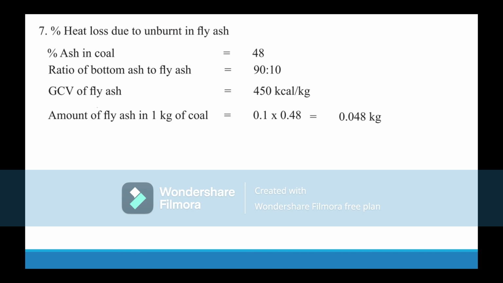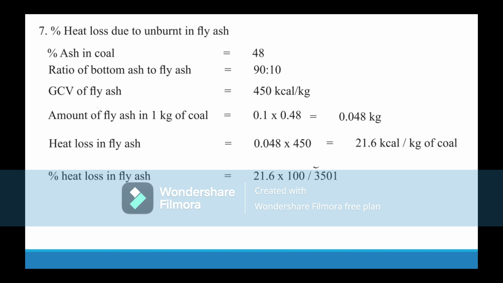In that 0.48 kg, the amount of fly ash equals 10%. Sorry, heat available in the fly ash equals 0.048 into 450. This is equal to 21.6 kilocalories per kg of coal. Then heat loss in fly ash equals 21.6 into 100 divided by 3501, which is equal to 0.62%.